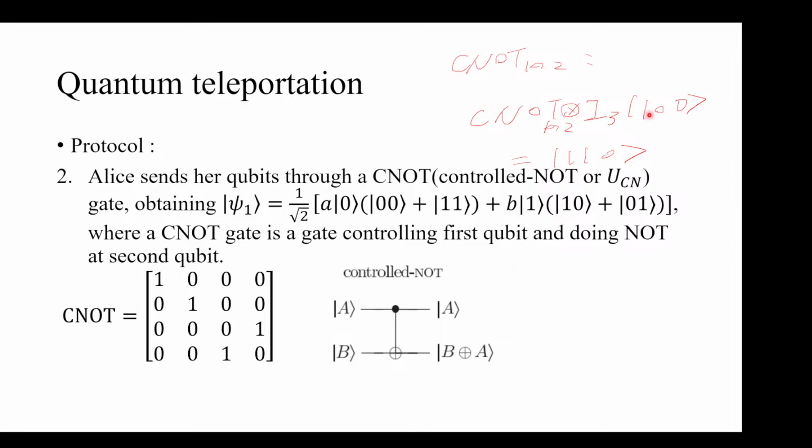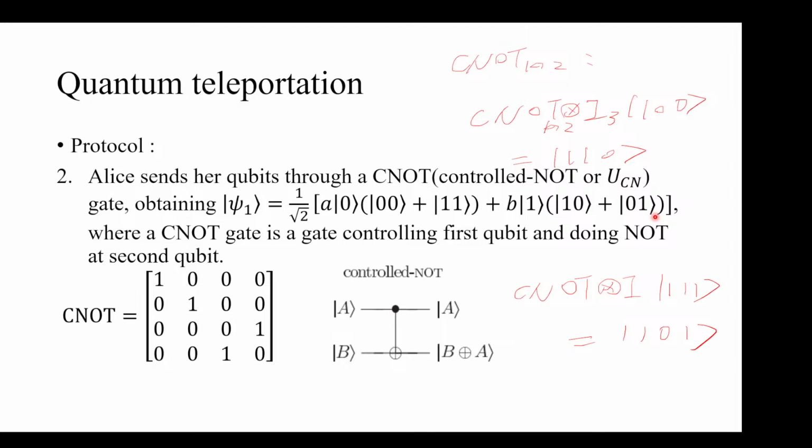So it will turn 100 into 110, and similarly CNOT tensor I on 111 will equal 101, because the control is 1, so you flip this 1 to 0. That's what the CNOT does, and our state becomes A0 tensor 00 plus 11 on the first two qubits, plus B1 tensor 10 plus 01.